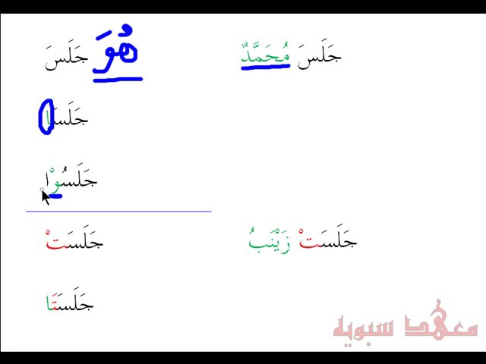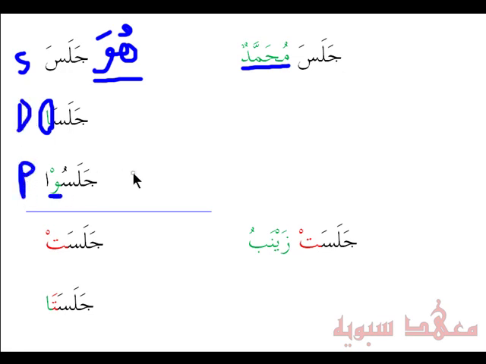It's either called the alif al-wiqaya, which is the alif of protection, or it's called alif al-fariqa, the alif that separates. So this alif actually protects it, or separates it from another word, and it divides that particular word from the next word. So that was third person masculine, singular, dual, and plural.